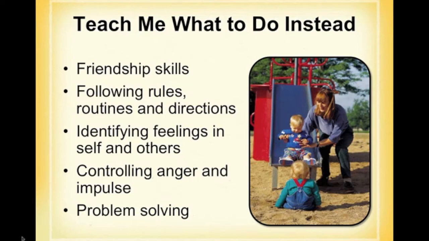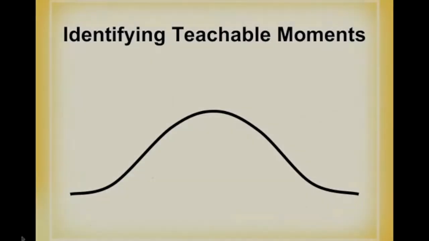Now that we've discussed why it's important to teach social emotional skills, we're going to talk about when during the day we might teach these skills. One typical situation that might happen in a classroom or a child care center might be this. Trey is building a castle in the block area.